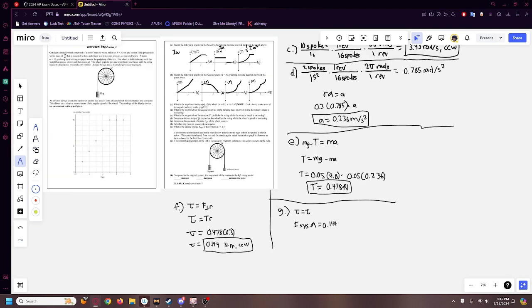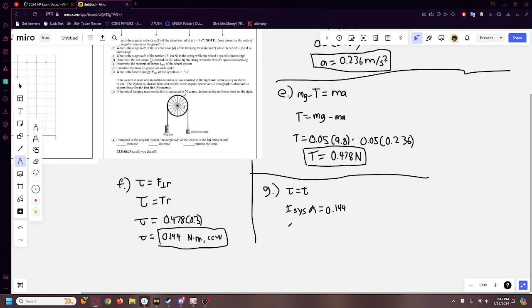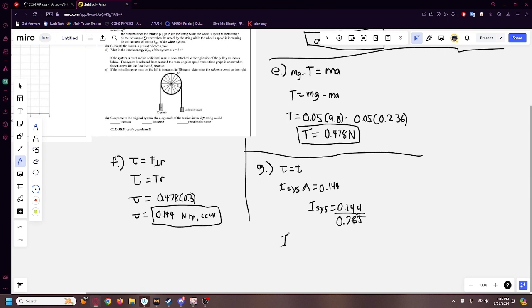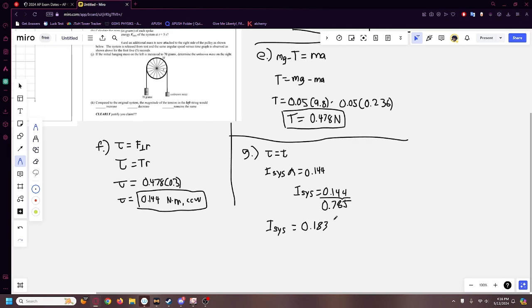So you divide it. So the inertia of the system is equal to 0.183 kilograms meter squared.